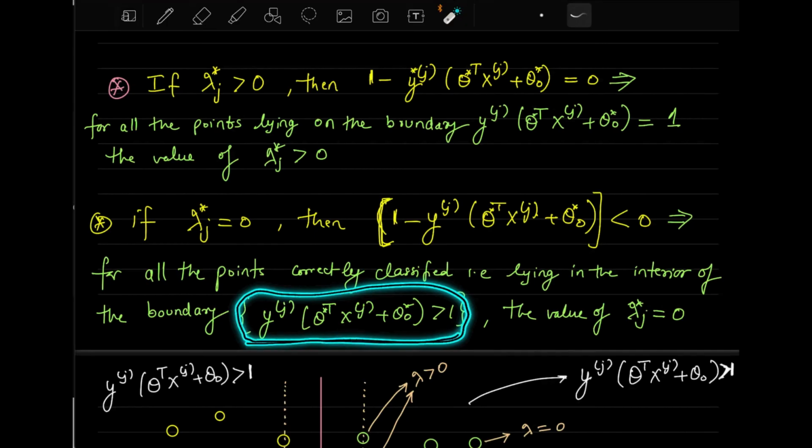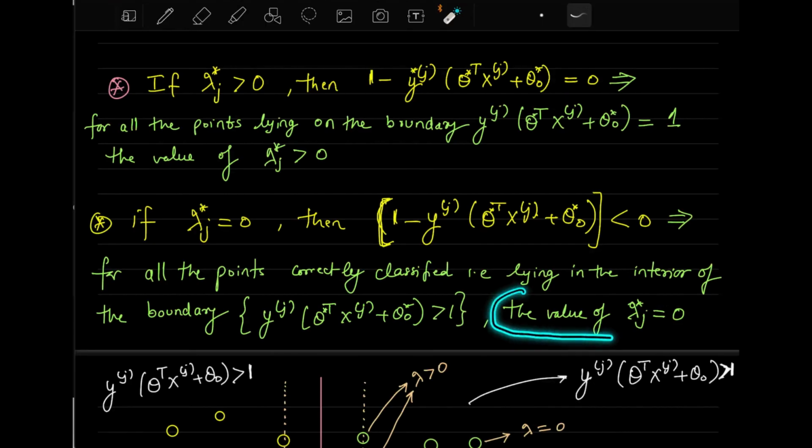By saying this, I already told you that we are correctly classifying all the points. So this one actually is the same as this one. Whatever points are correctly classified properly, note that the values of the lambdas corresponding to them will be 0. Any questions here regarding this understanding?